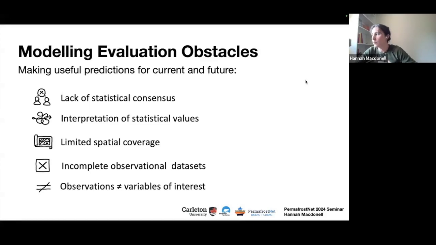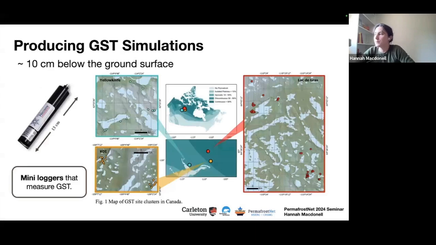So the aim of my project was to improve the value of permafrost modeling outputs, and I did this by providing an accessible software tool that would rigorously test model output. The ranking framework was designed to offset some of these challenges. So to demonstrate and test the software, this ranking framework, I used ground surface temperature data as a case study.